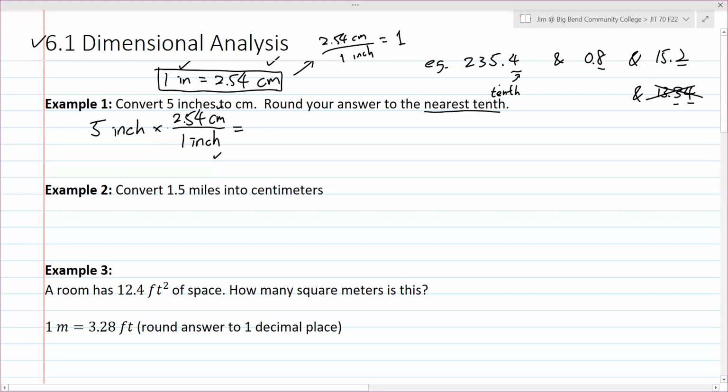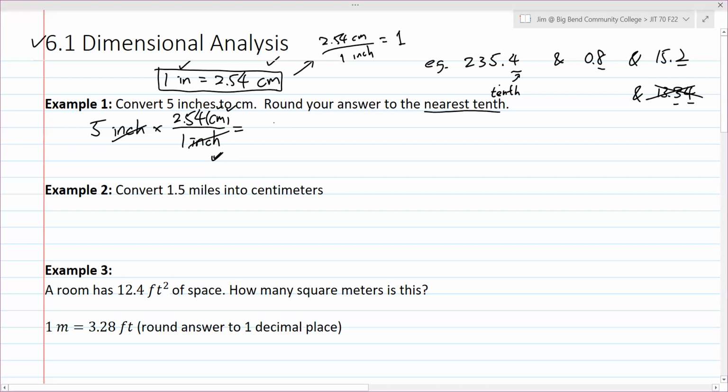And then you might go, hey, why is 2.54 cm the numerator, and why is 1 inch the denominator? Well, there is a reason we do this: we want to divide out the inch unit. If we do that, think about it, there's only the centimeter unit remaining, right?